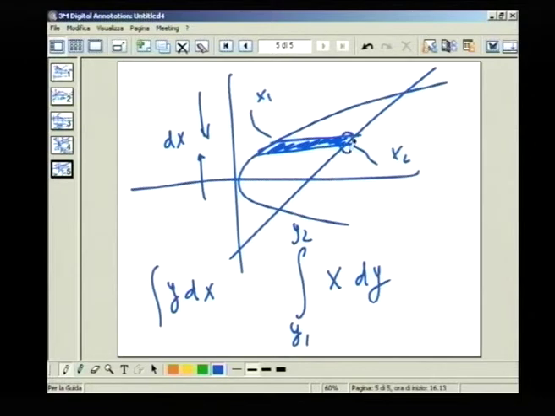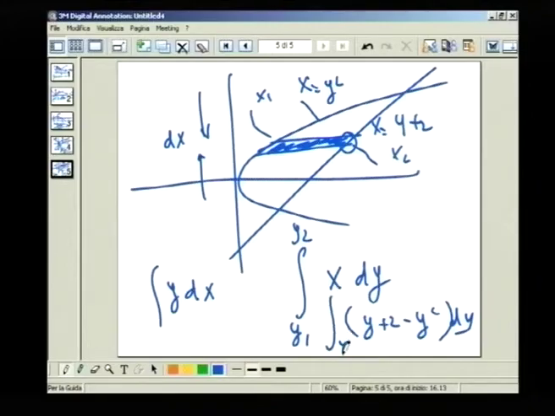So what's the value of x here? x is equal to y plus 2, and this x here is equal to y squared. So which is greater? This one. So you take x1, which is y plus 2, minus y squared, and you integrate with respect to y.